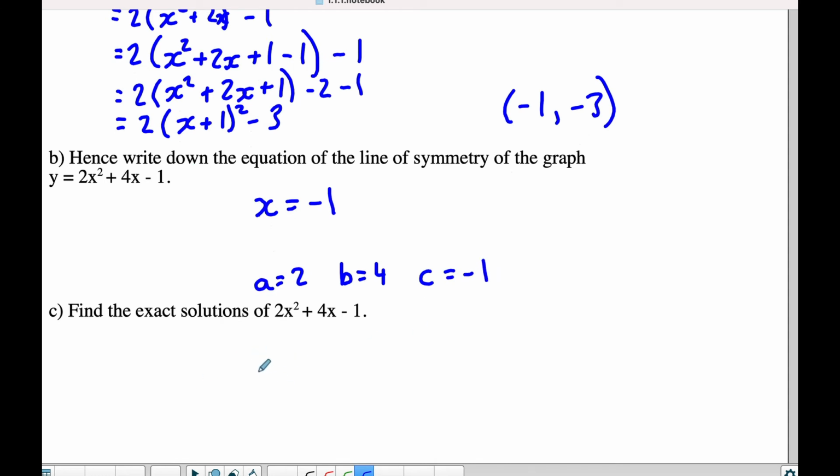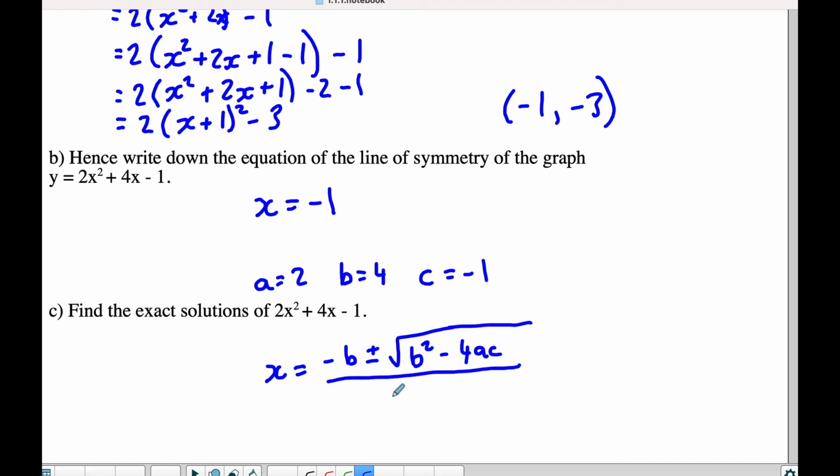And so when you write out your quadratic formula, it's x is equal to negative b plus or minus the square root of b squared minus 4ac, all over 2a.